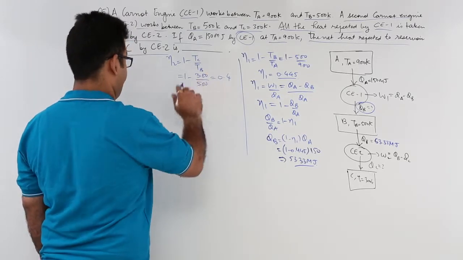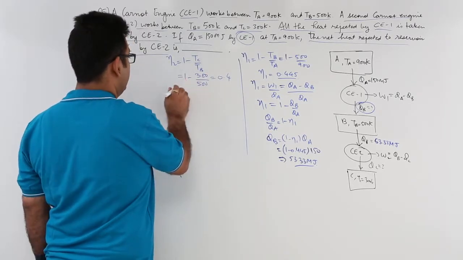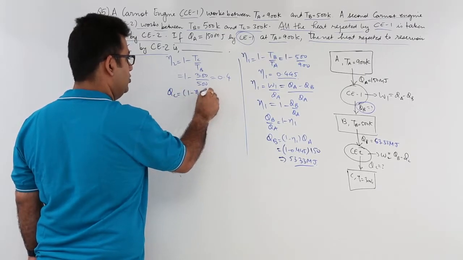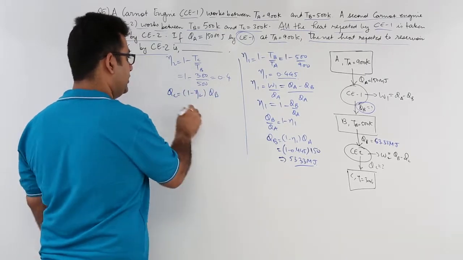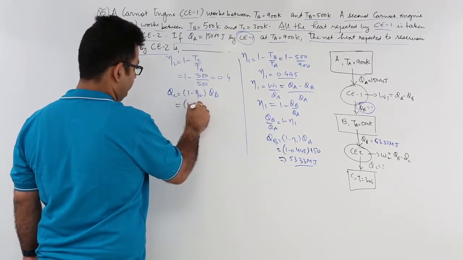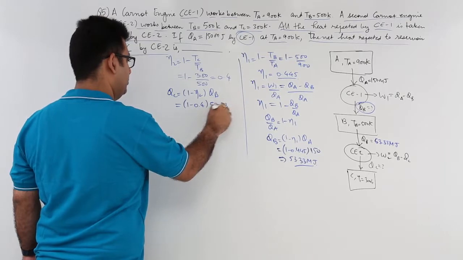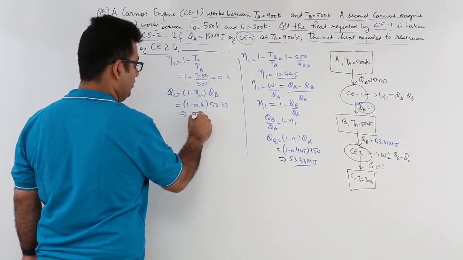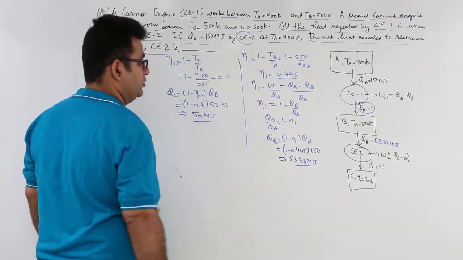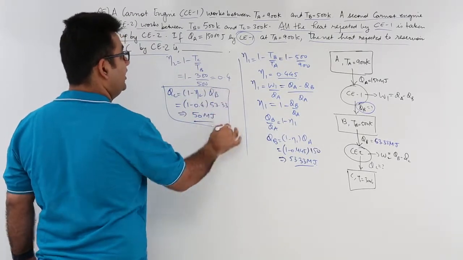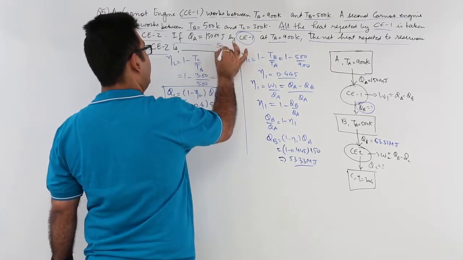So you'll have QC as 1 minus eta 2 into QB. Just put in the values, so this would be 50 megajoules. So the amount of heat rejected to C is 50 megajoules.